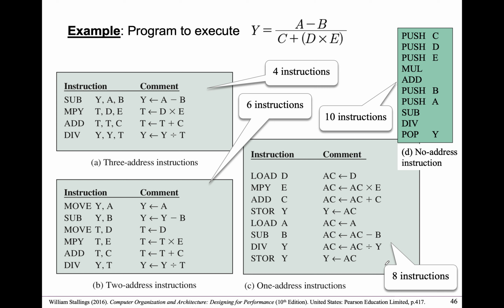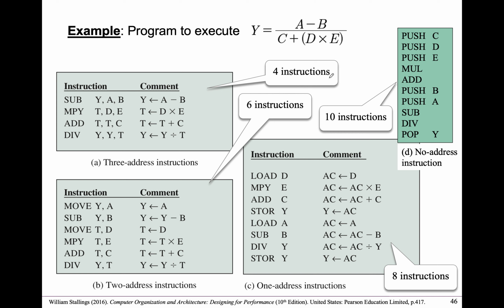Okay, let's take a look at several examples. So you were given this equation, which you need to execute: y equals a minus b divided by c plus d times e.